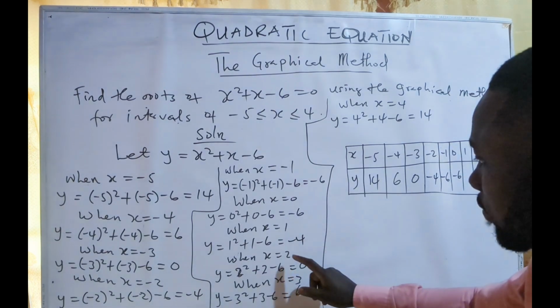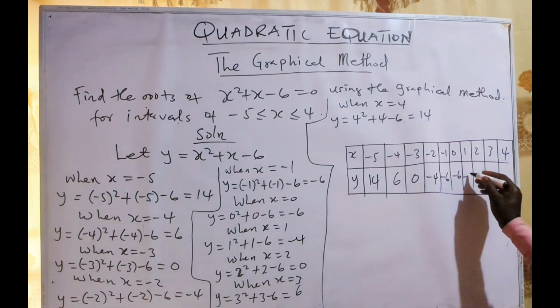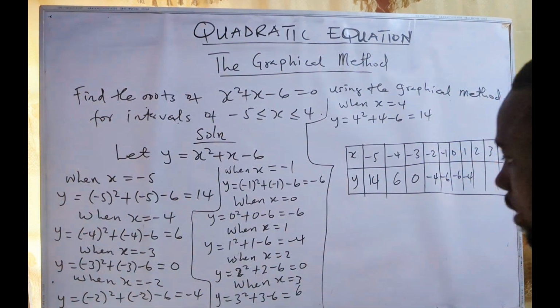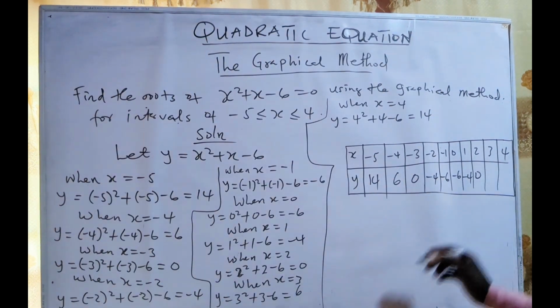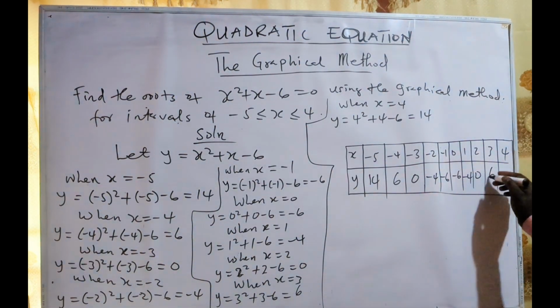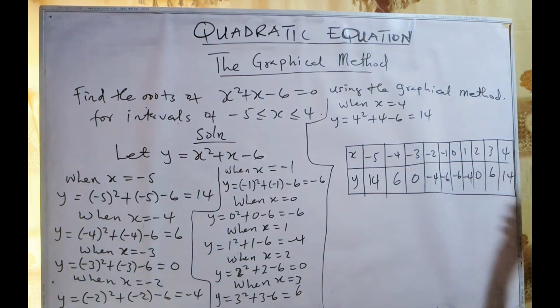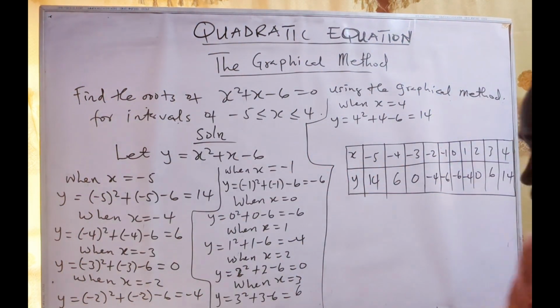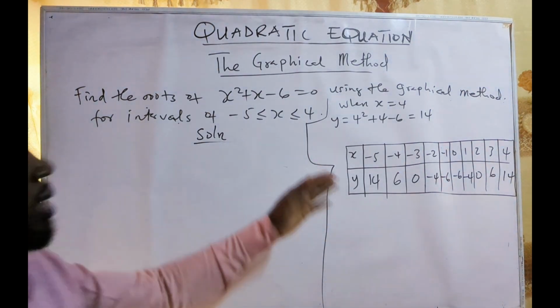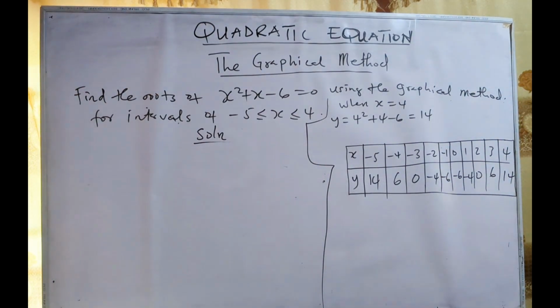X is 1, y gave us negative 4. X is 2, y gave us 0. X is 3, y gave us 6. And x is 4, y gave us 14. Okay, so this is what we have for the values of x and y so that we can plot it on the graph. So this is what we have in our table.